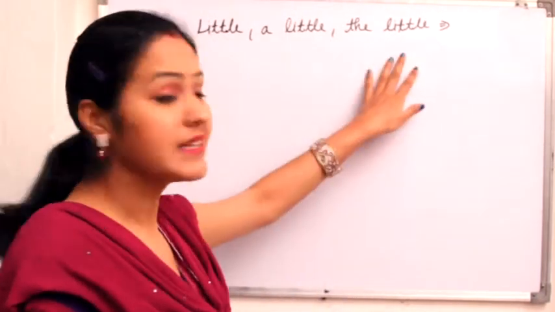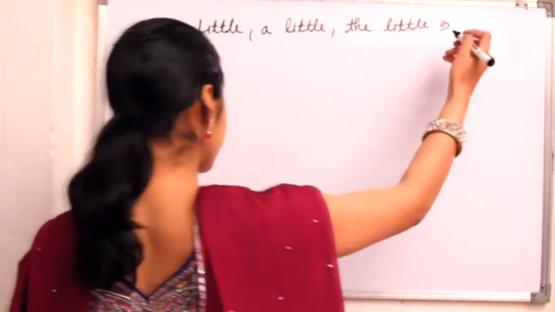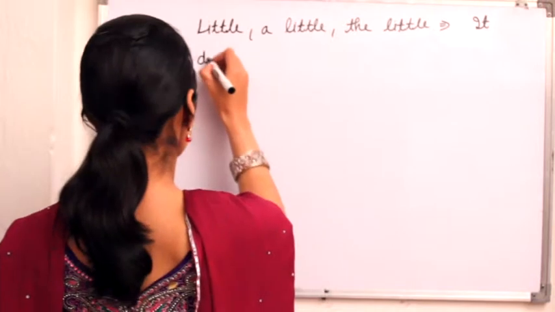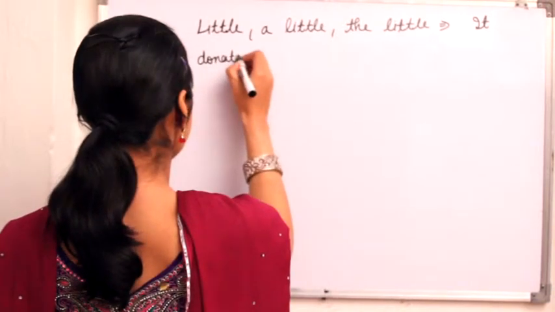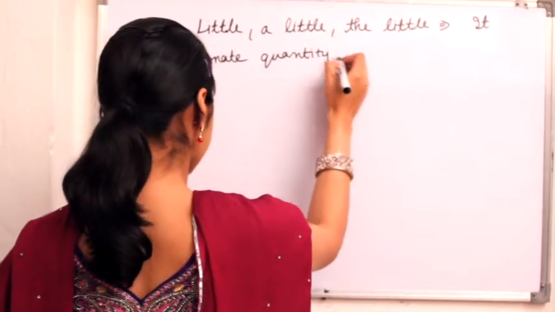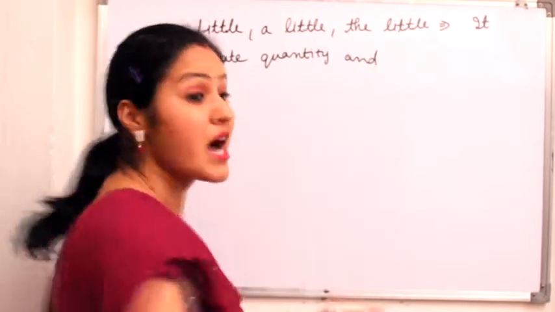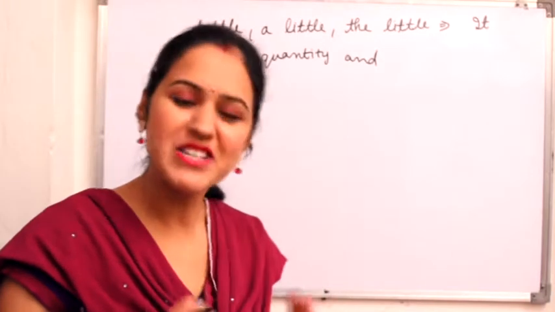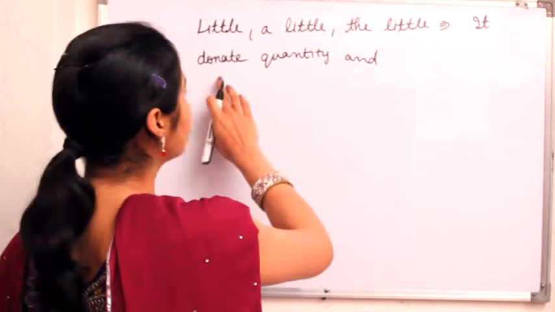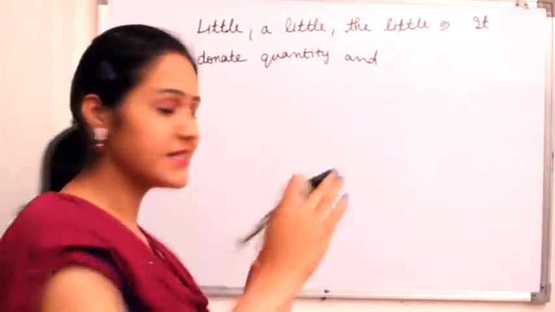I write here, it denotes quantity and is used before uncountable nouns. Clear friends? So it denotes quantity and is used before uncountable nouns.